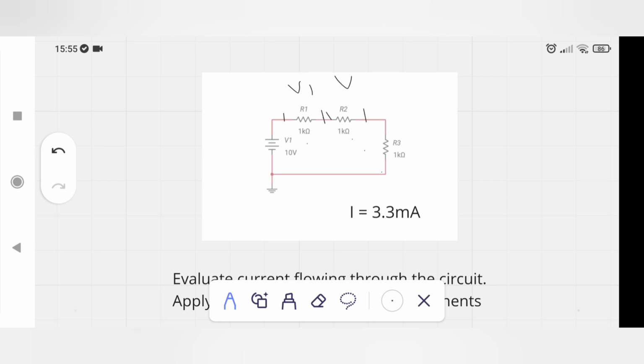This is V2, voltage across R2, and this is V3, voltage across R3. I will discuss in the end how to measure these values in Multisim Live. V1 is equal to V2 is equal to V3, and all of them are equal to 3.3 volts.